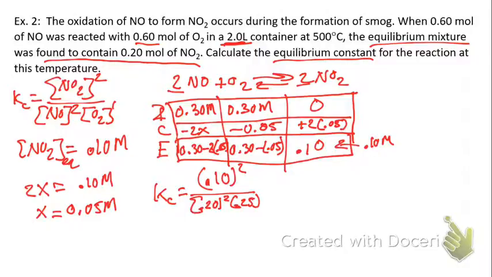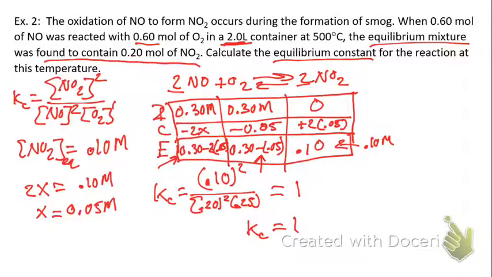I get the 0.20 and the 0.25 just by doing the subtraction here and here. Then when I do the math, I find that Kc is equal to 1. So that's essentially how we do that.